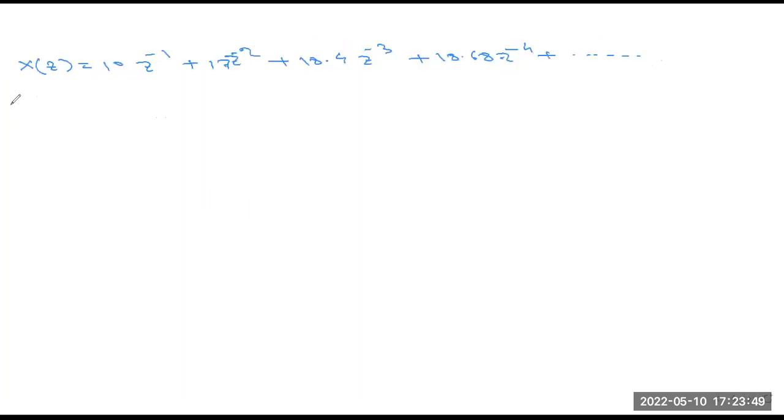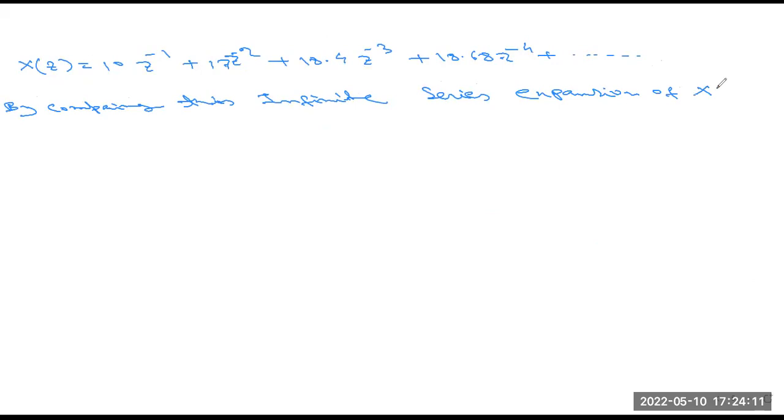So by comparing this infinite series expansion of X(z) with the function, where k is equal to 0 to infinity, the function is xk z inverse k.